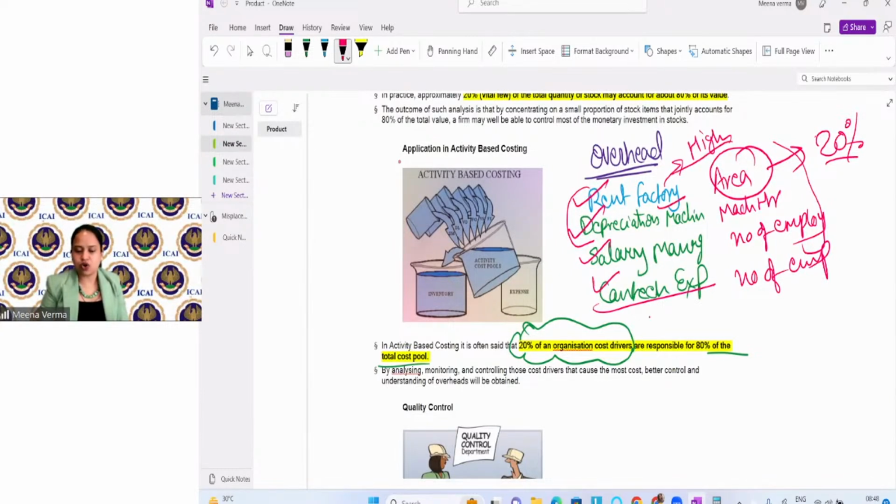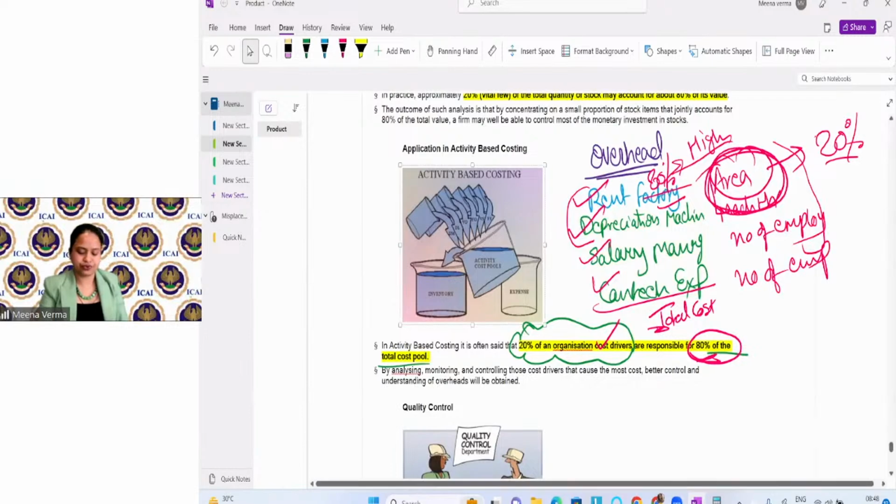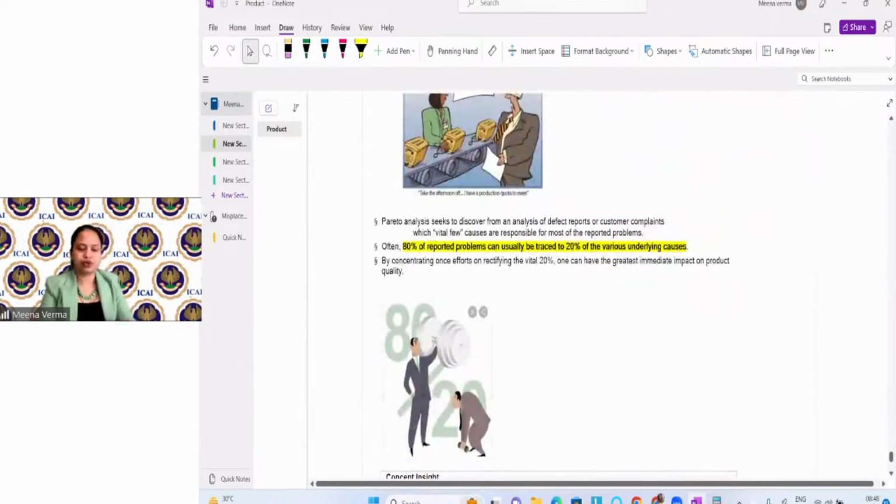Out of the total cost, maybe 80% of the cost is because of the rent. So 80% of the total cost is driven by 20% of the cost drivers. It will be more clear when we do the question.